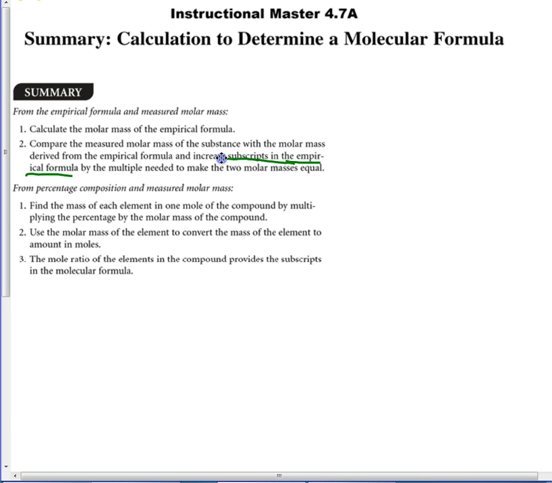If the percentage composition is given, on the other hand, and the measured molar mass is provided, we can follow through the process that's already been modeled for you. Assuming 100 grams is the method that we used instead of assuming 1 mole. We assumed 100 grams. We calculated the mass of each element in that 100 gram sample, and we used the molar mass of the elements instead of the molar mass of the compound.